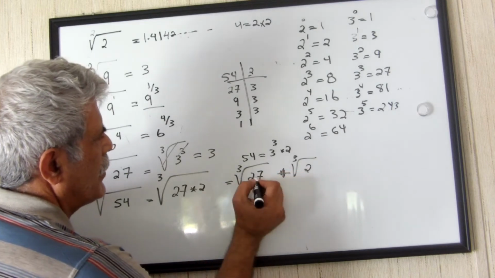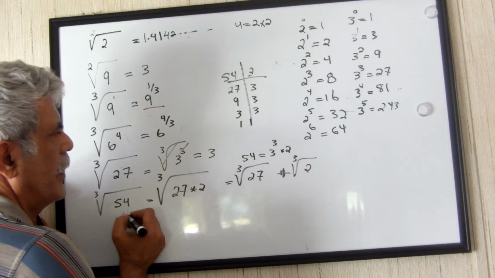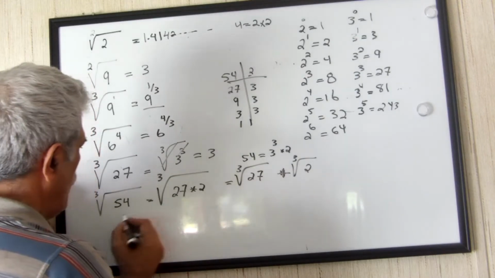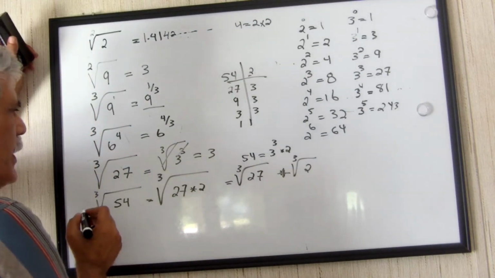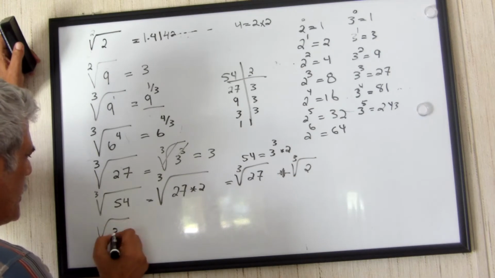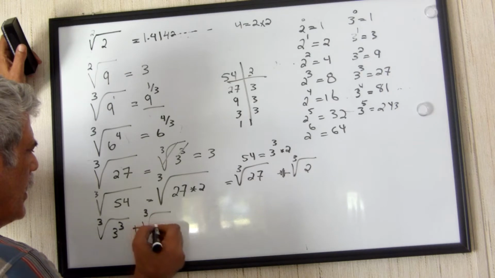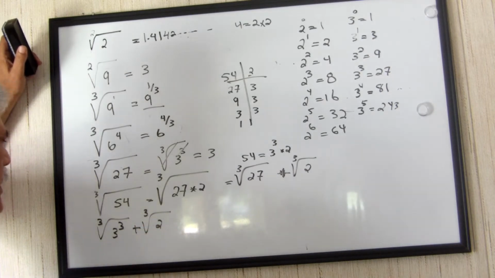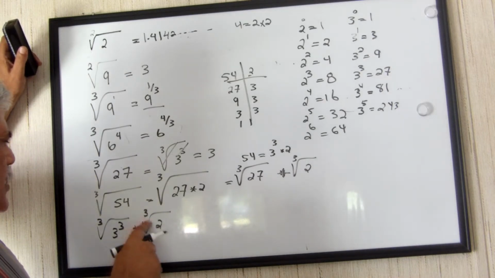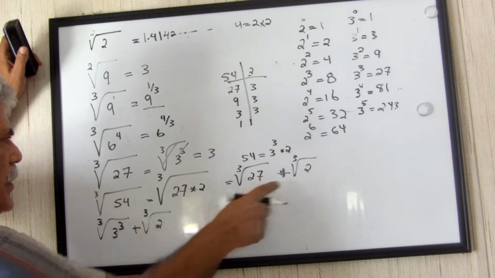The 2 times 27 is going to be 54. So 27 is 3 to the power of 3, and the cubic root of 2, this way.